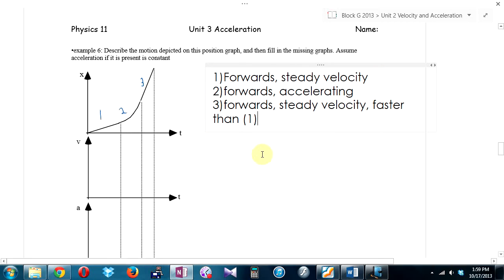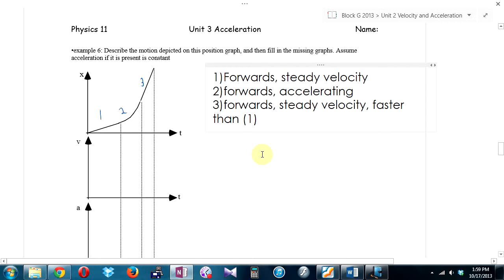Okay. Underneath that, it wants us to graph a velocity time graph. So section 1, what will that look like as a velocity time graph? Positive or negative, first of all? Because you're going forwards. If it was negative, if it was going backwards, I'd draw it below the x-axis, but we didn't.